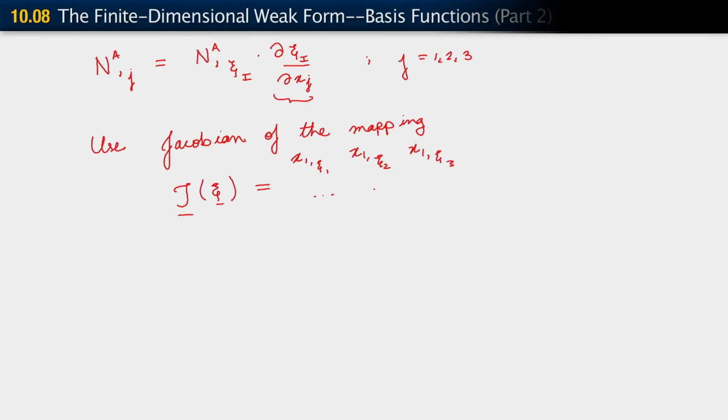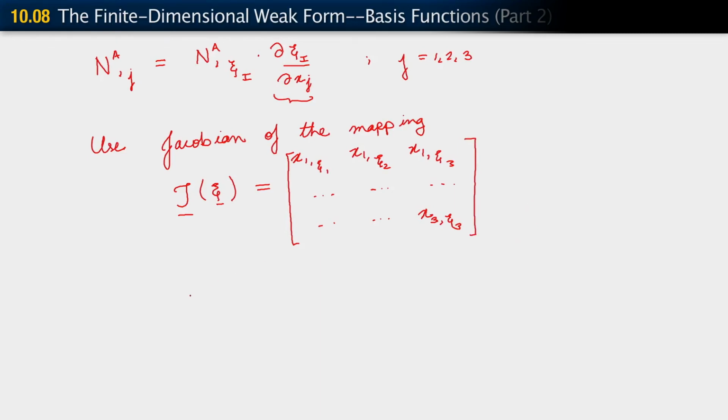We go on until we come down here and we get ∂x3/∂ξ3.